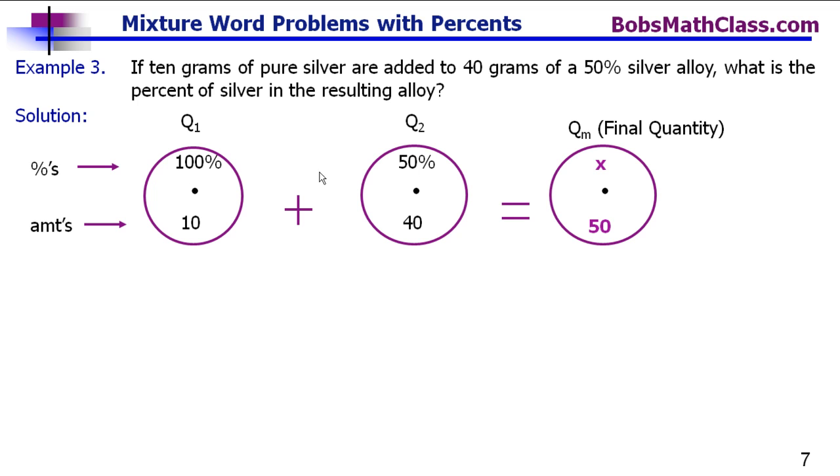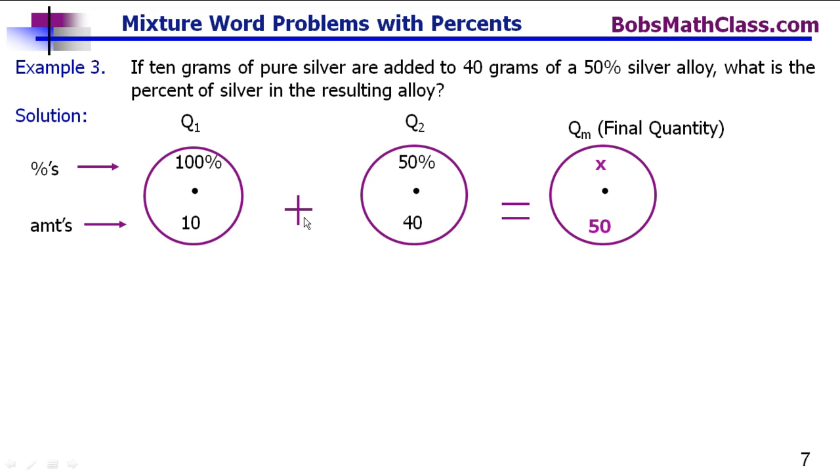These percents have to match up. Now, when we're all done, what do we know about this final percent here? Can it be less than 50? No. It has to be somewhere between 50 and 100. Just something to start thinking about, to make sure when we're done we can feel confident with our answer. Let's go to the equation.